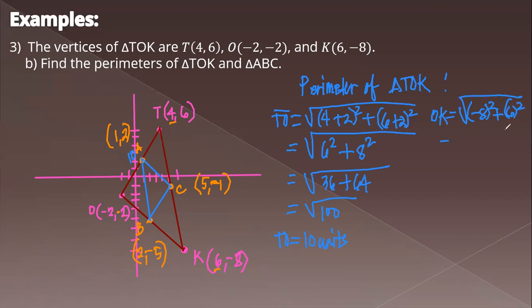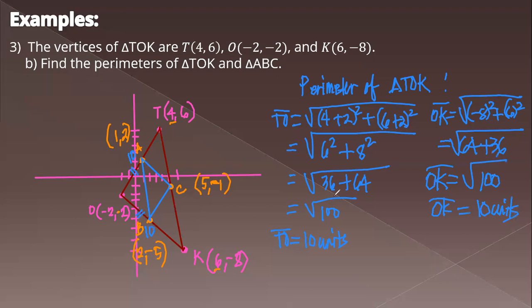So that is equal to the square root of 64 plus 36. So OK is equal to square root of 100. So segment OK is equal to 10 units also. So that is isosceles. Tama? Parehas sila ng side. Ito at saka ito.